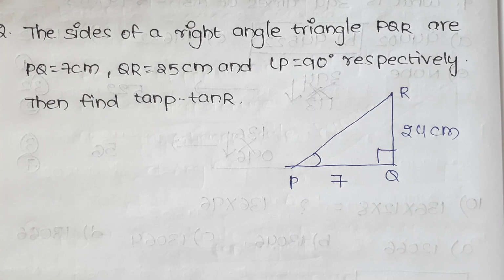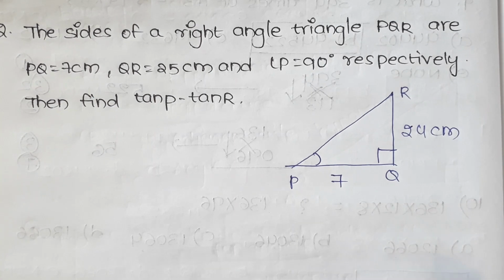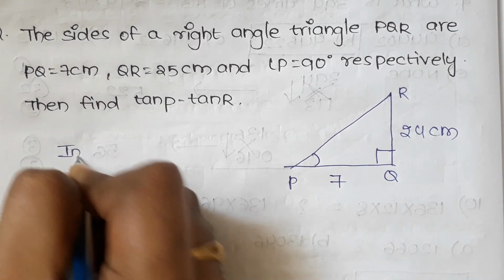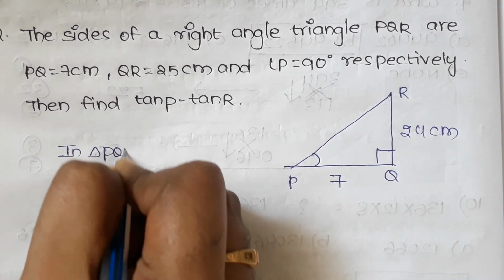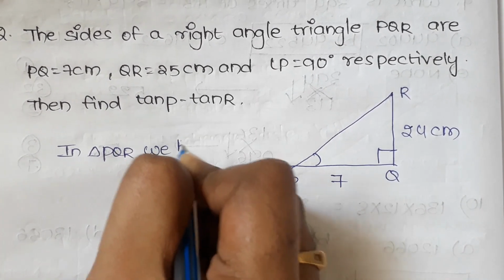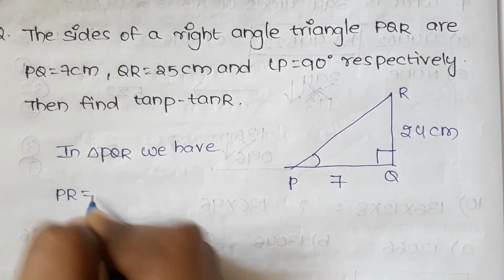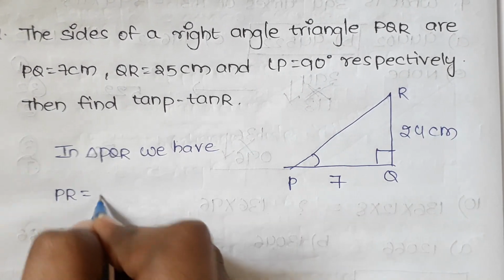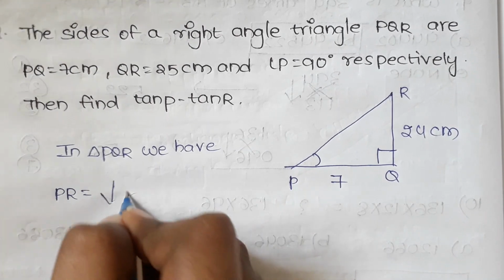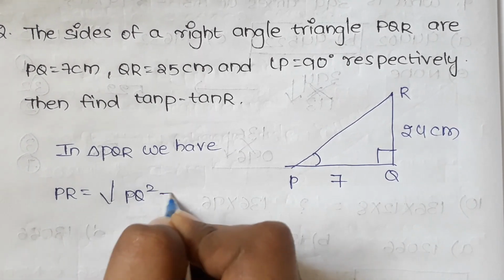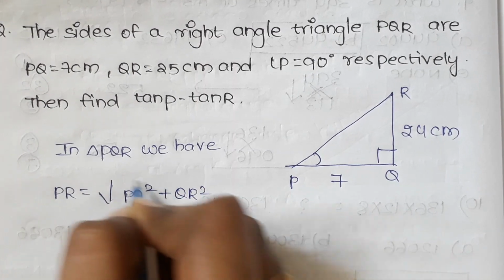And now according to the question, in triangle PQR we have from Pythagoras theorem PR equals to, PR is nothing but hypotenuse. Now we should find that PQ square plus QR square.